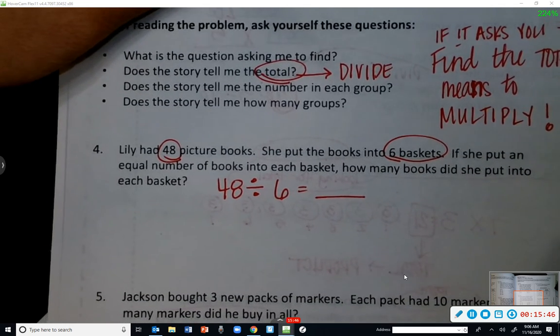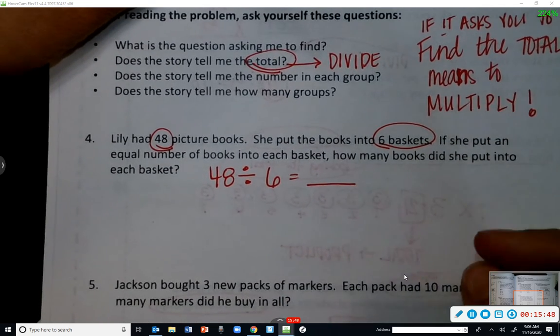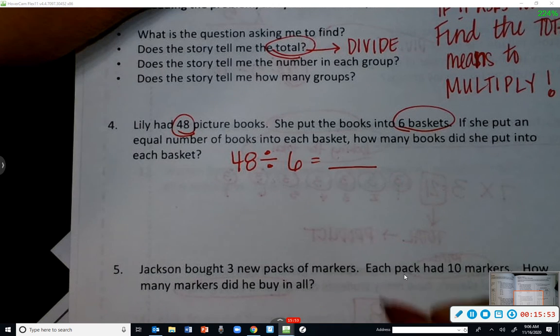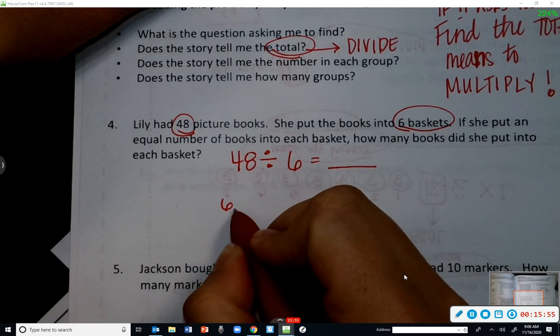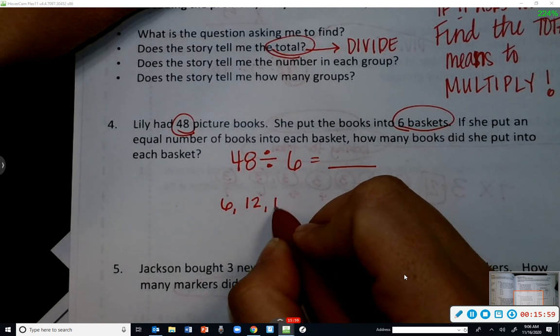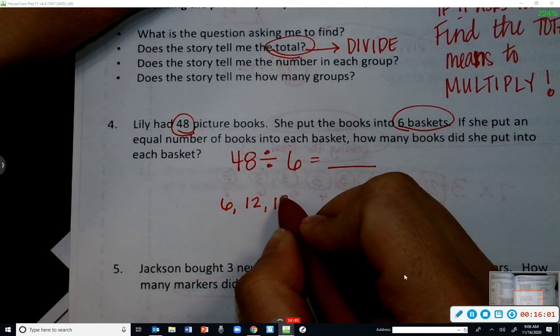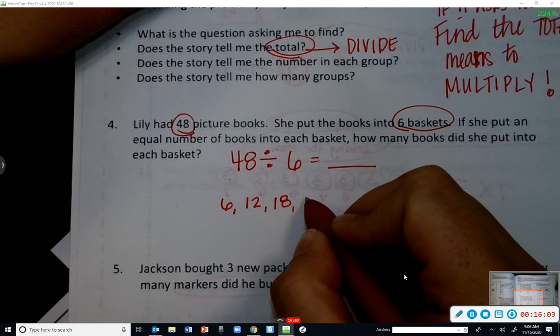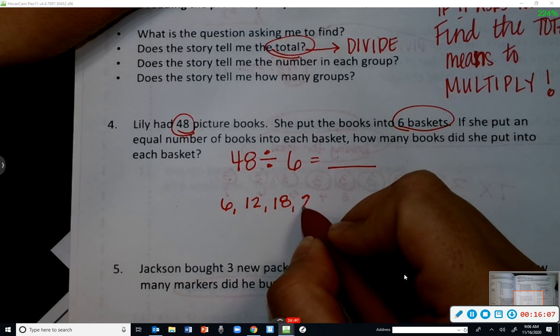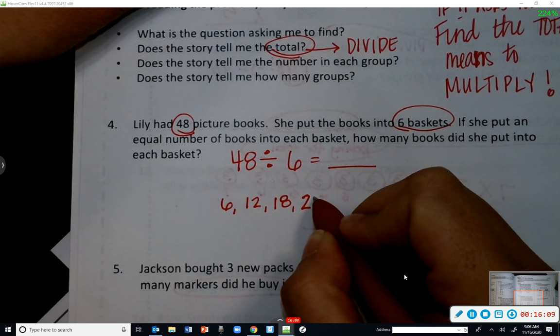So you could have worked this out, equal groups, array. I'm going to go ahead and just count by 6s. Okay, so this would be 6, 12. What comes next? 6, 12, 18, plus 6 more. 24.